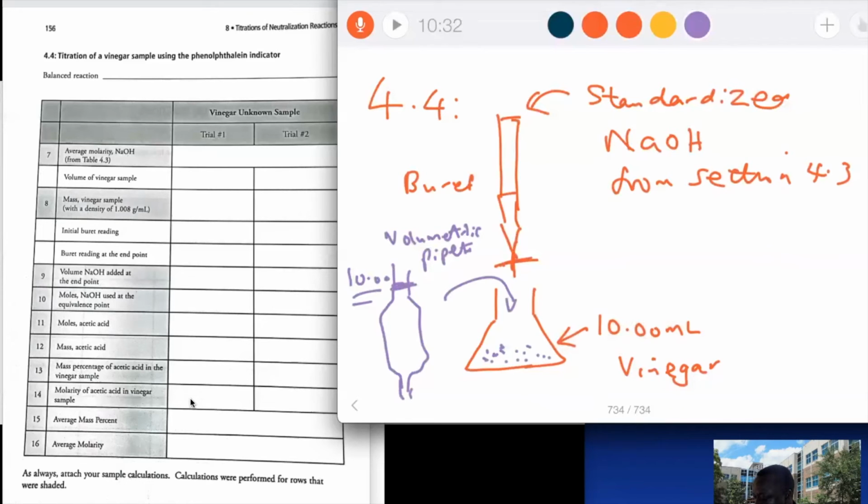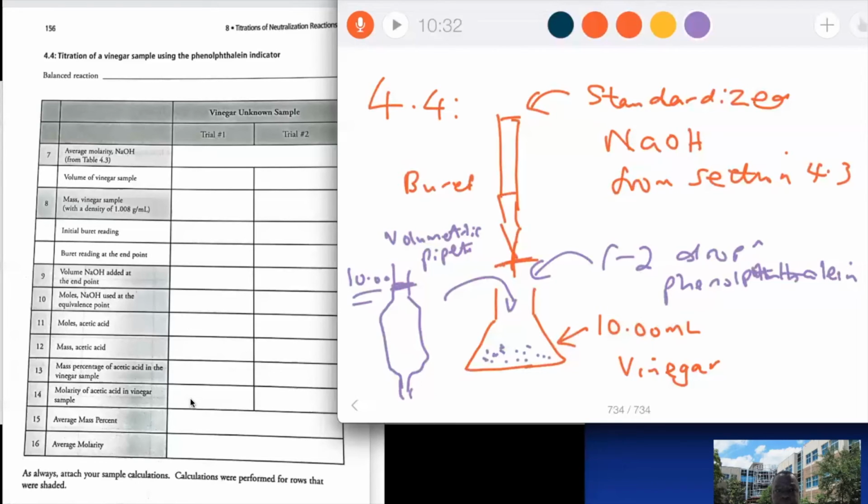Then we add 2 drops of phenolphthalein. This is the indicator which will change color. You have to do this for 2 trials, trial 1 and trial 2. You will see the data for trial 1 and trial 2.